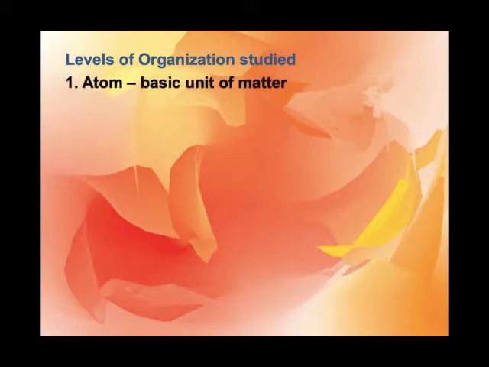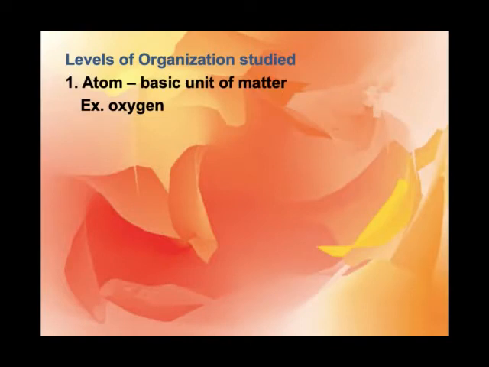There's the atomic level, and you probably remember from somewhere in your past that an atom is a basic unit of matter. An example of an atom that pretty much everybody knows is oxygen. We have about 120 different types of atoms that are found or created, but not all of them are found in the human body.